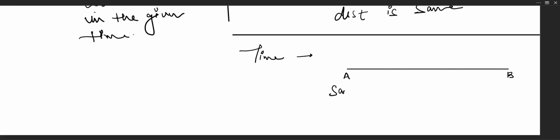This time Santa is standing on A, and Banta is standing on point C. Both of them take 2 hours to reach point B.